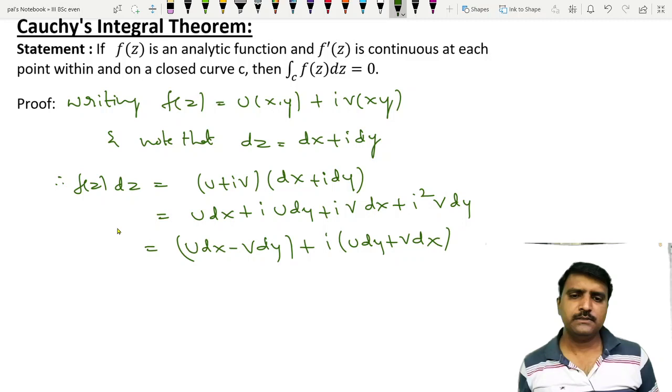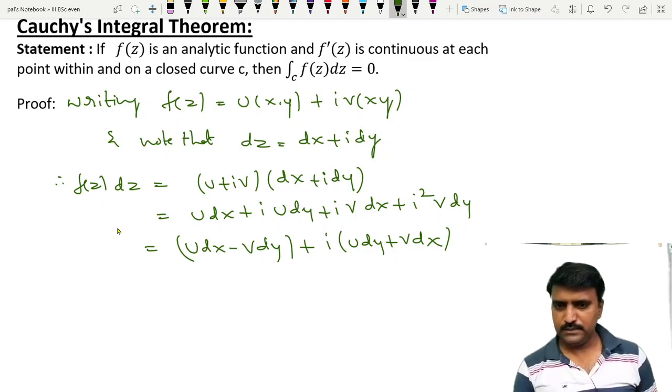After finding f of z into dz, you take its integration.